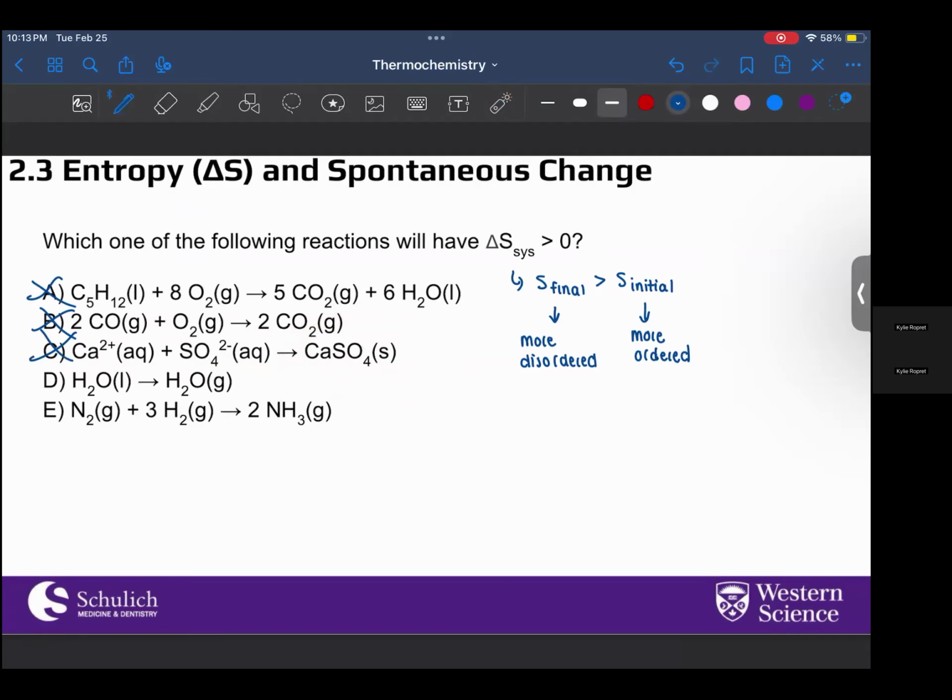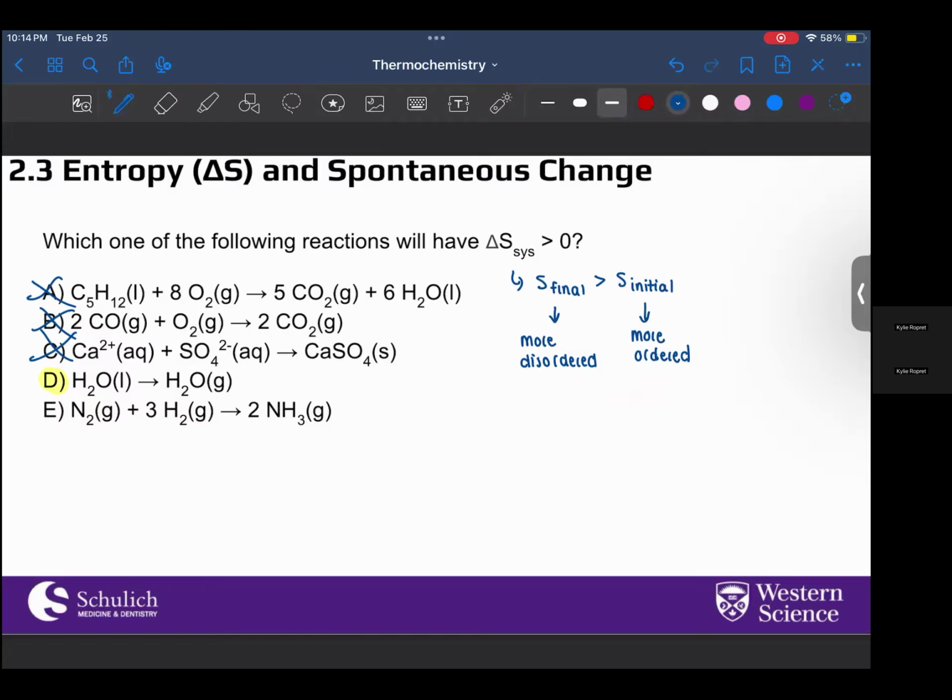so not C. In D, we start with a liquid and then it becomes a gas. Gas is more disordered than liquid, so our final state is more disordered than our initial. That is what we want. So it's looking like D is our answer, but let's just check the last one.